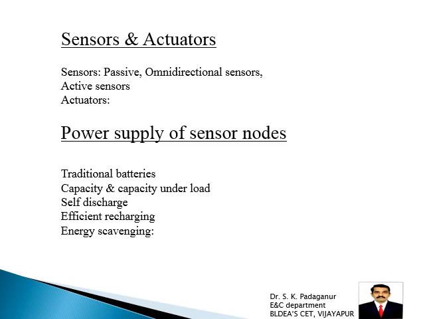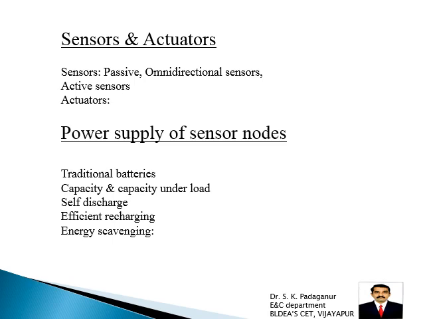For that we use photovoltaic cells, temperature gradients, vibrations, pressure variations, and flow of air. Here we also use MEMS devices, micro electro mechanical systems. Energy scavenging is nothing but harvesting: how best I can capture the energy and give it to different devices for different types of operations.